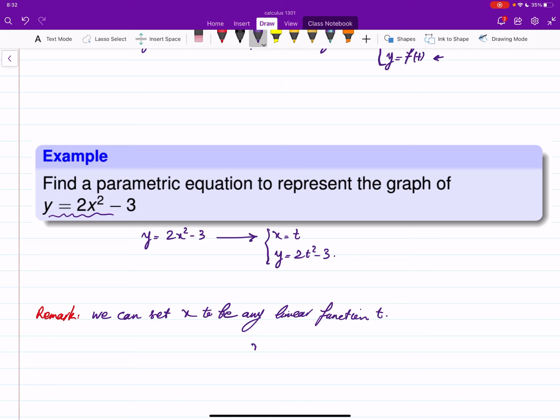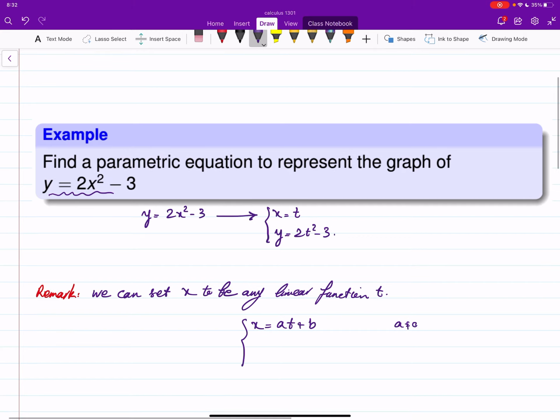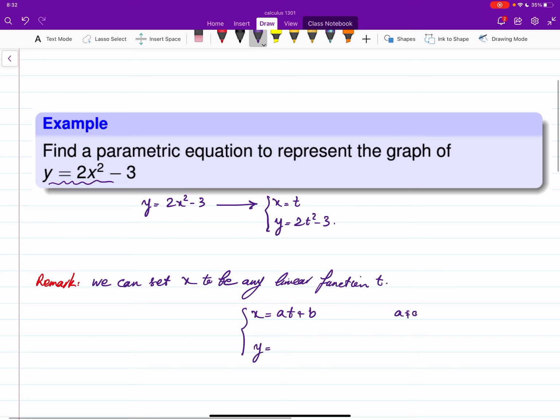In general, you can set this to be at plus b when a is not equal to 0. The payoff is that when you write y in terms of t, you have to plug in the whole at plus b.